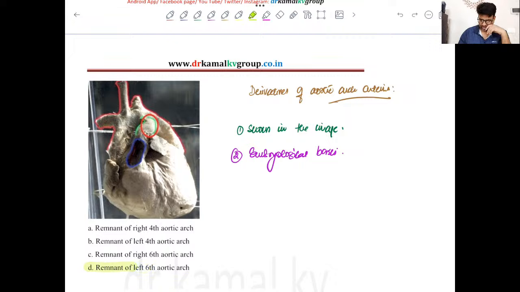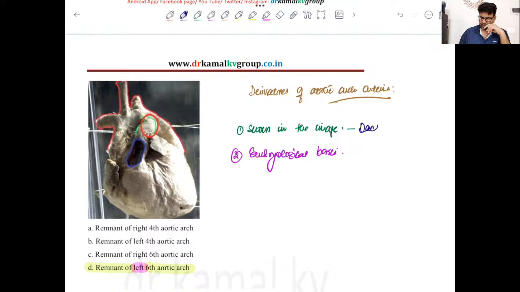This is very important: it is a remnant of course of the 6th aortic arch, but specifically the left side, right? Because the structure shown in the image is actually the ductus arteriosus, right?